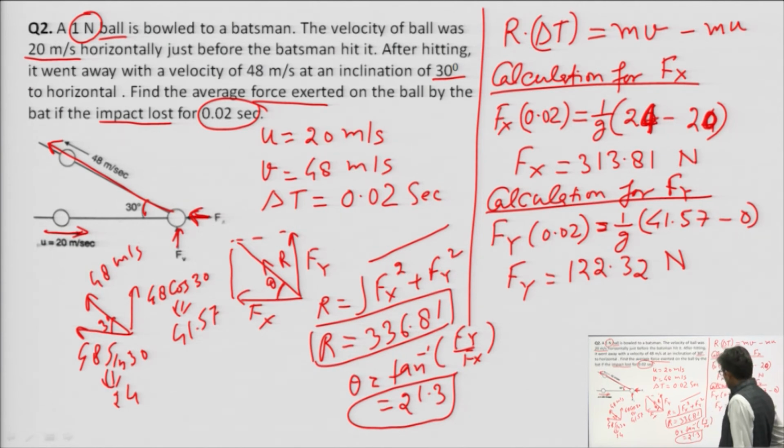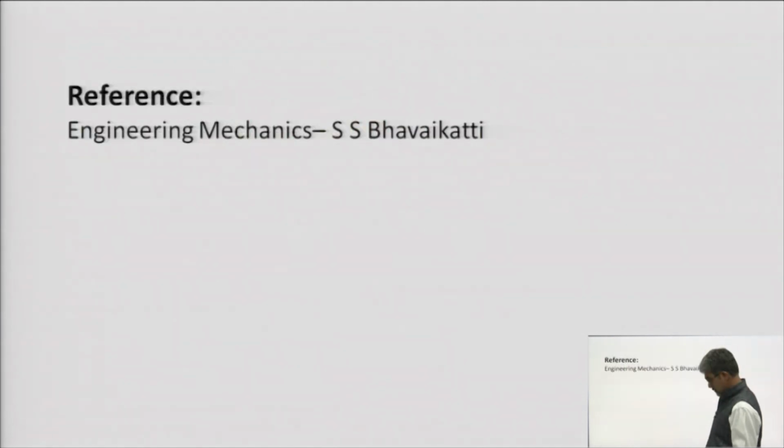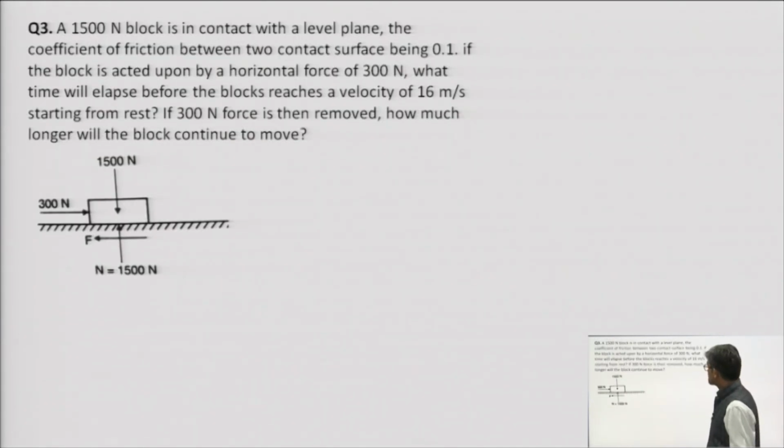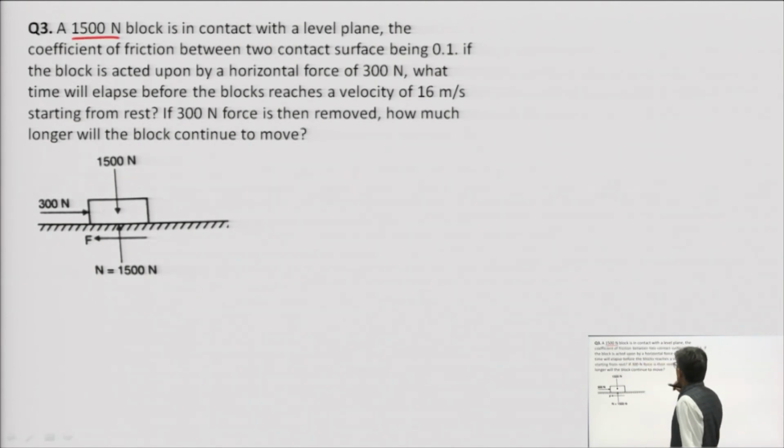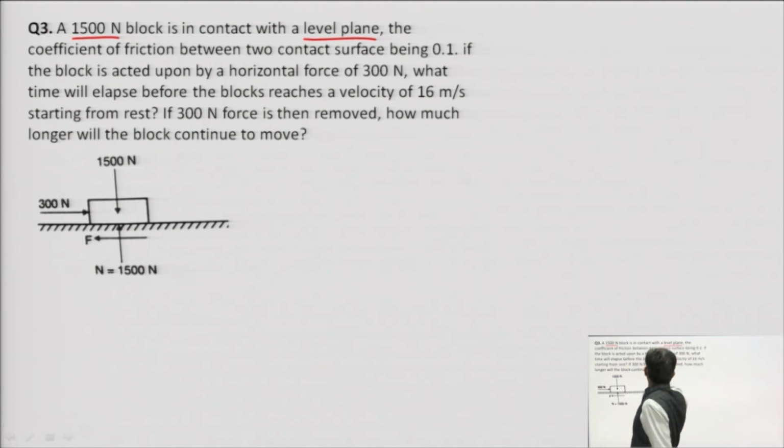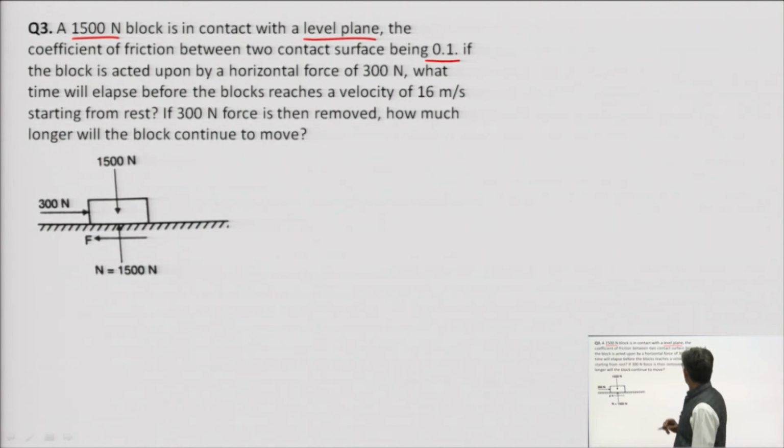Okay. So, come to the next example. A 1500 Newton block is in contact with a level plane. The plane is horizontal. The coefficient of friction between the two contact surfaces, mu, is 0.1.